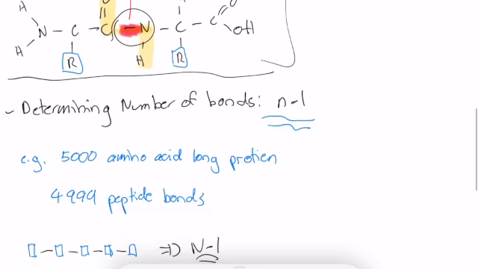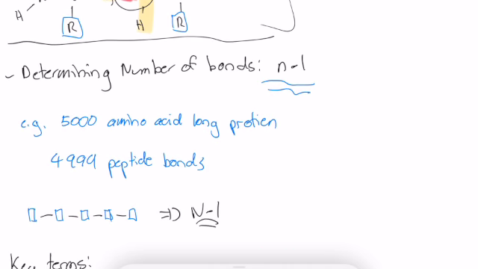An important skill to have is looking at the number of peptide bonds when looking at things like chains of amino acids, considering they typically come in long and complex structures. An easy way to determine this is just using a simple n-1, where n is your number of amino acids.